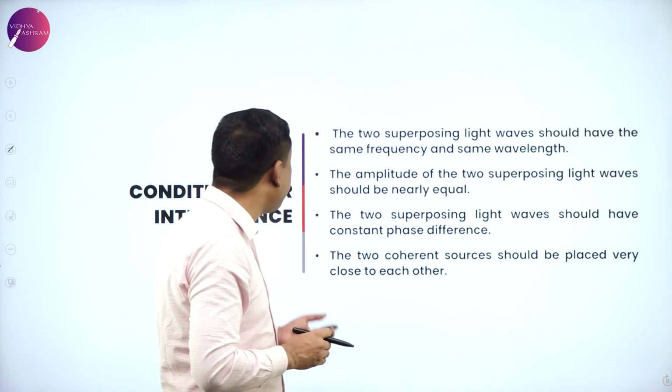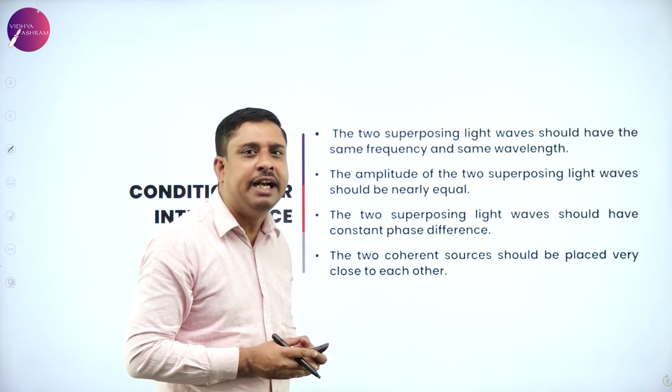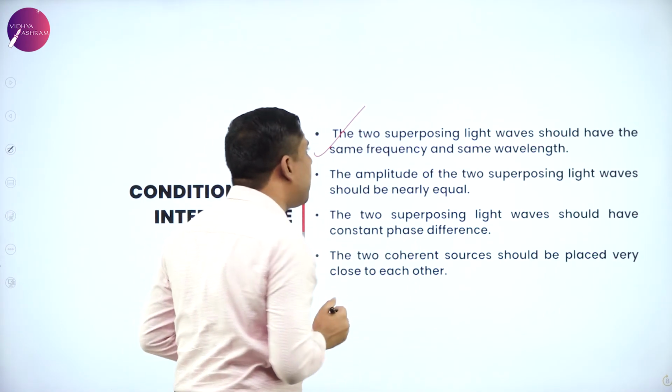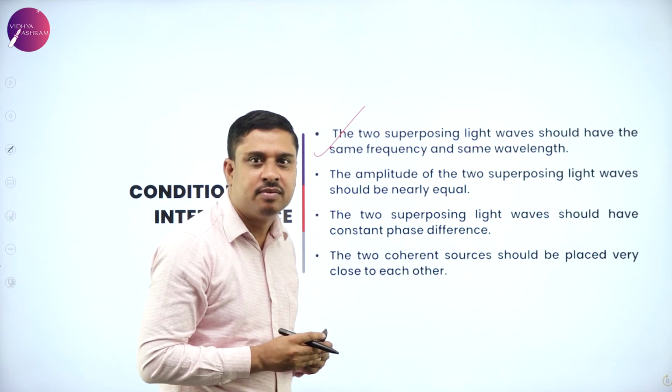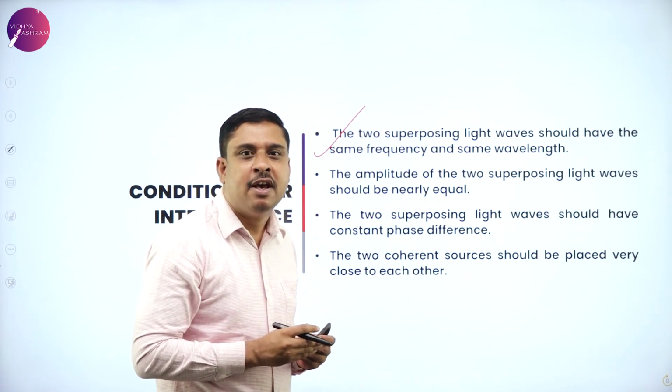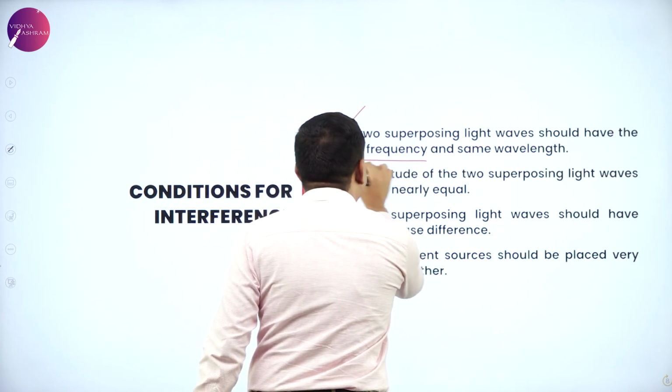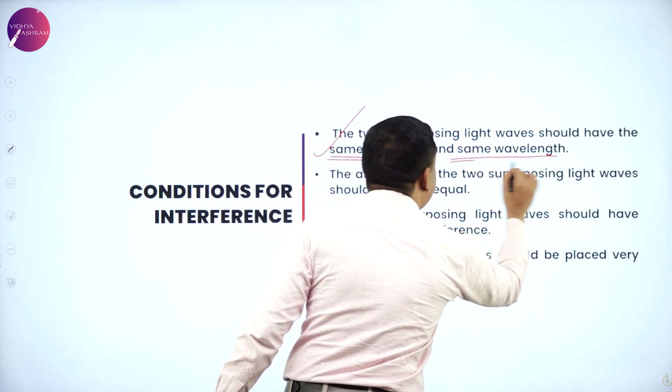So, what are the conditions for interference, students? The two superposing light waves, the two waves which superpose each other, should have same frequency and same wavelength.